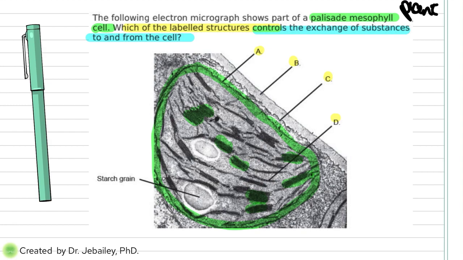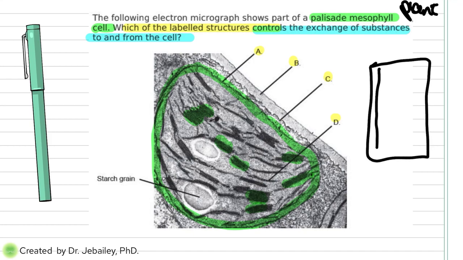And of course, you might have some starch grains. So this is a chloroplast, obviously. Then you know that it's a plant. We know the plant has a cell wall, which is a double layer like this. And after this, the plasma membrane comes inside, right? And then you will have the chloroplast.